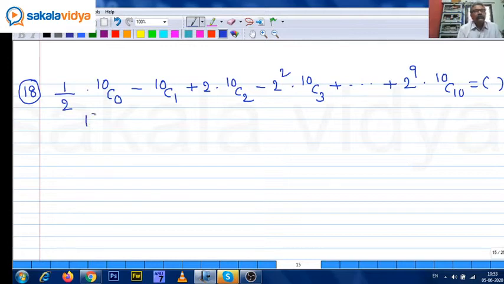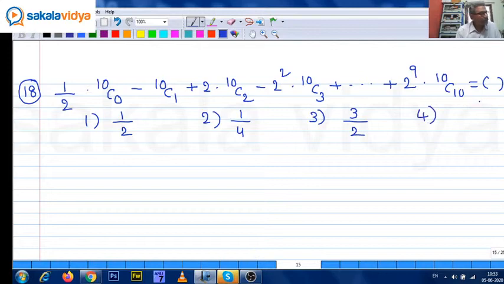First option is 1 upon 2, second option is 1 upon 4, third option is 3 upon 2, fourth option is 1 upon 3.